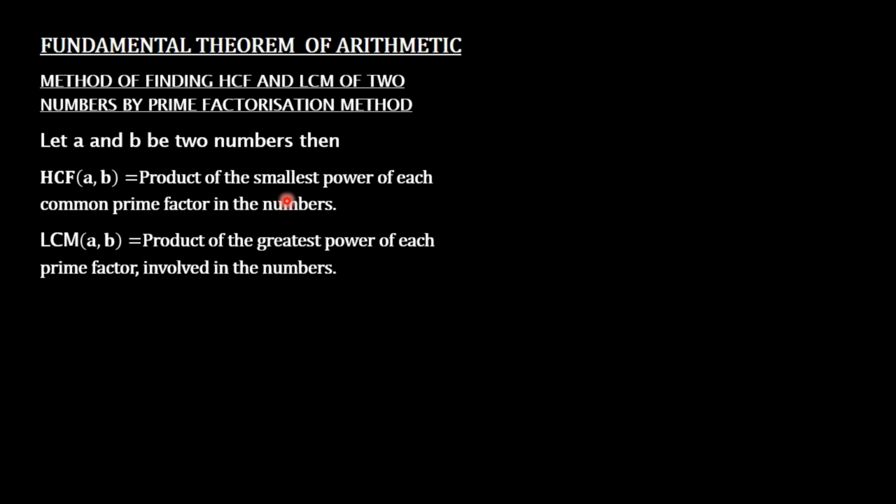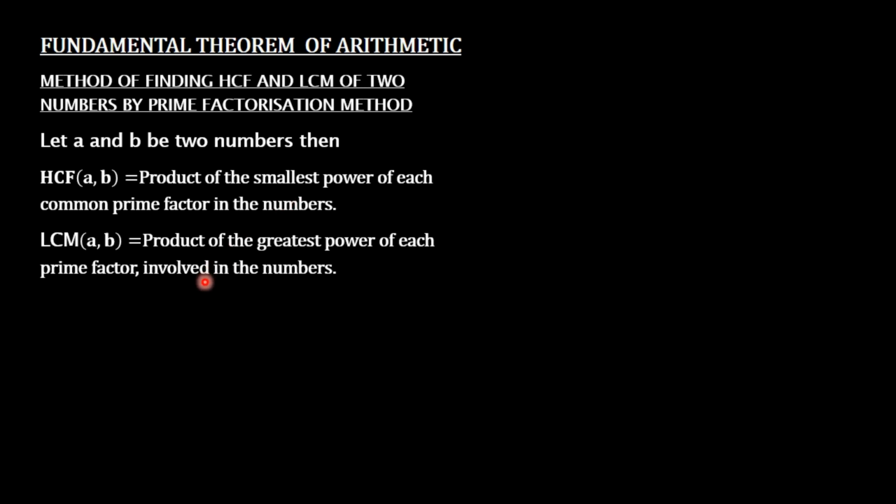Next, if A has 3 square and B has 3, we select 3. Then our HCF is 2 square into 3. That is, we find the smallest power of the common prime factors and just multiply them.